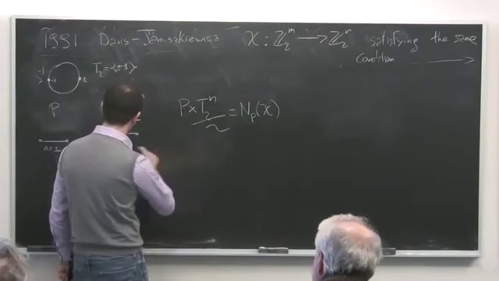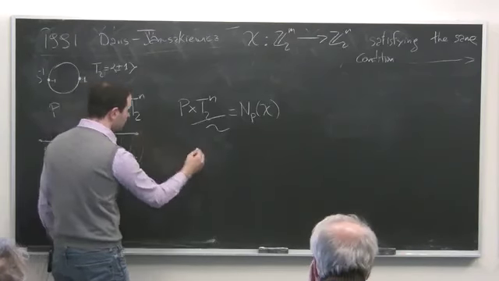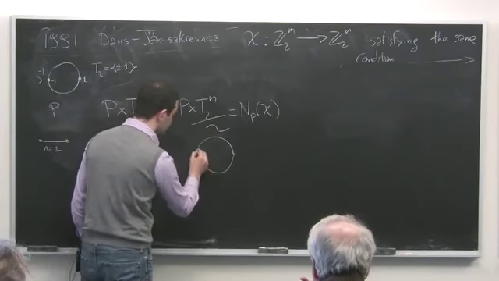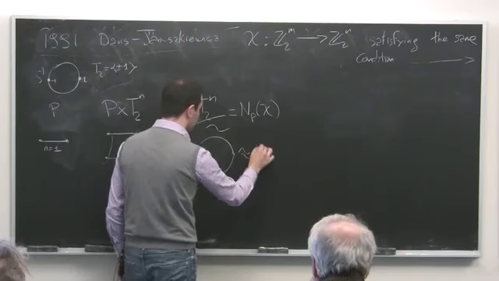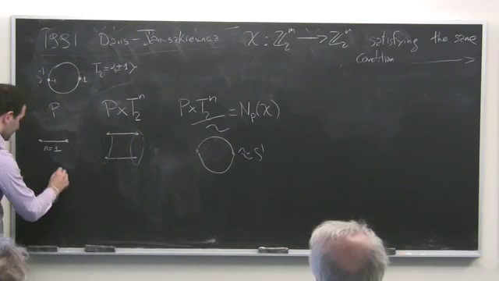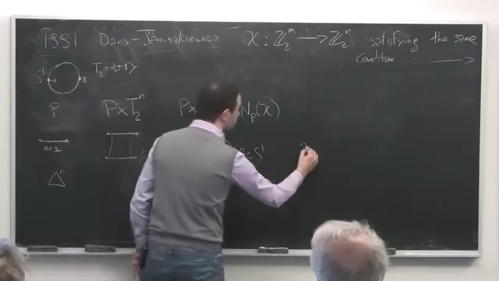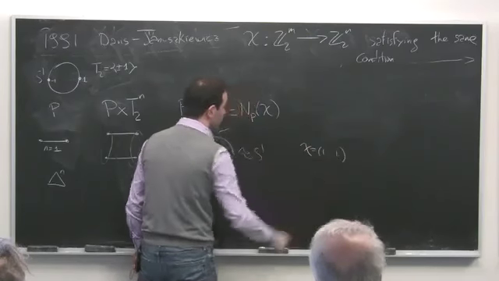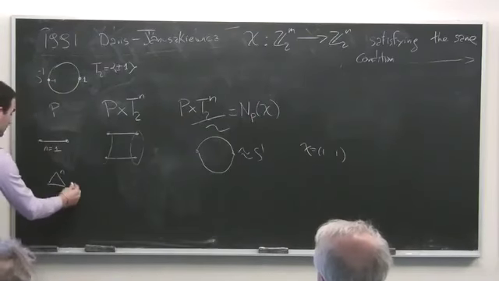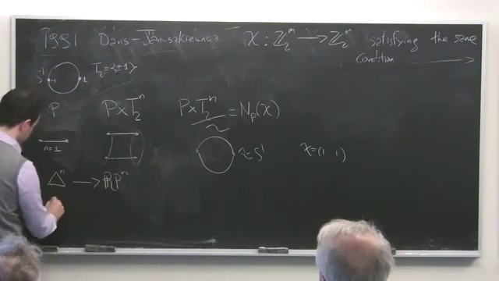And here the identifications occur again only over these two points, so you end up with a nice circle. Just as before, the chi for this is, for example, (1, 1). If you start with a simplex, then you end up with RP^n.